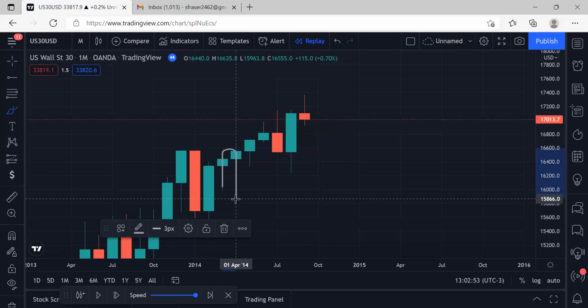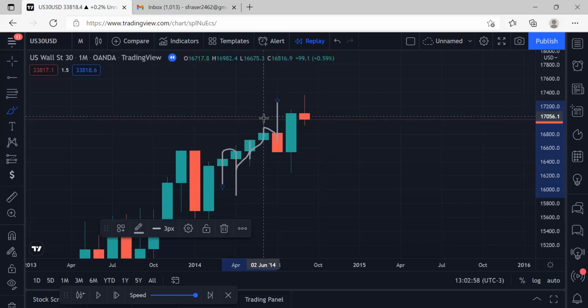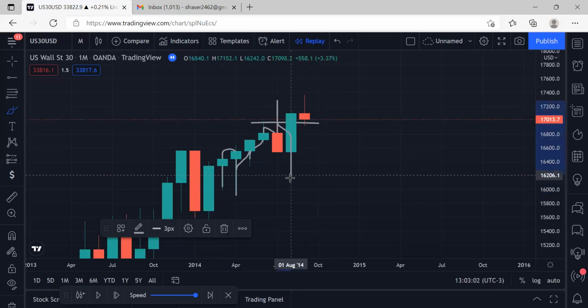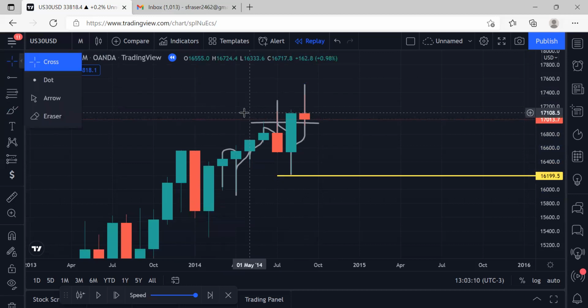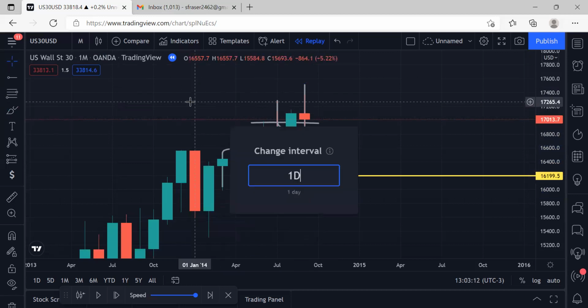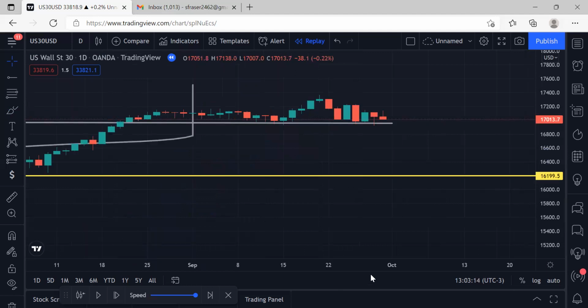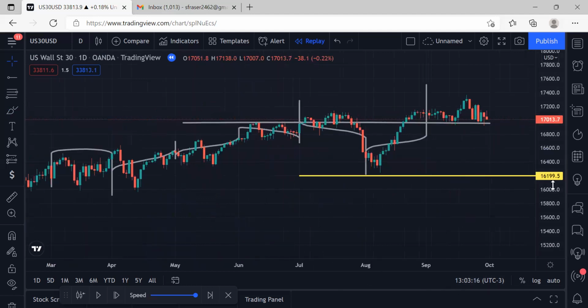Wick below, liquidity, right? Kept moving, broke this high, right? Shot below, liquidity grab, boom. So my next line is gonna go right here. That's on a daily. That's on monthly. Oops.